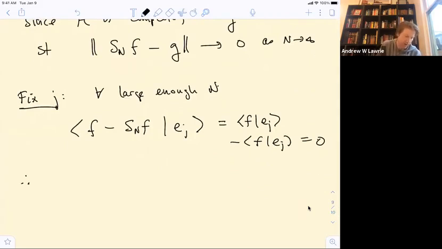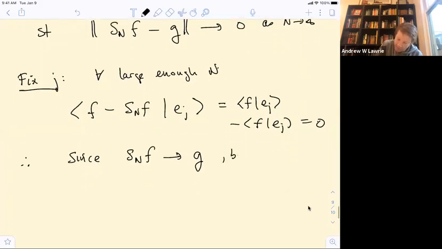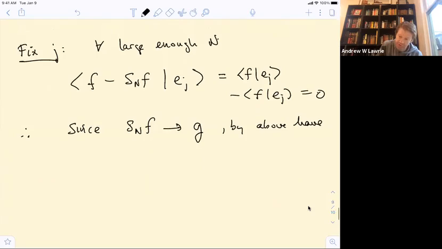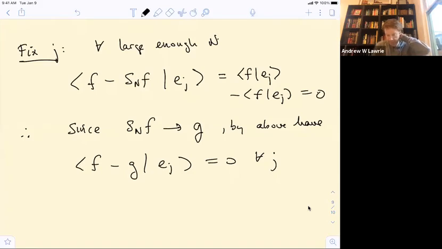So therefore, since S_n f tends to G, by the above, since the above holds for every large enough n, we must have f minus G paired with e_j equals 0 for every j. You can see this by the triangle inequality, for example.